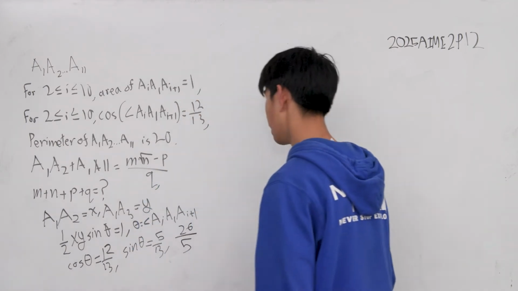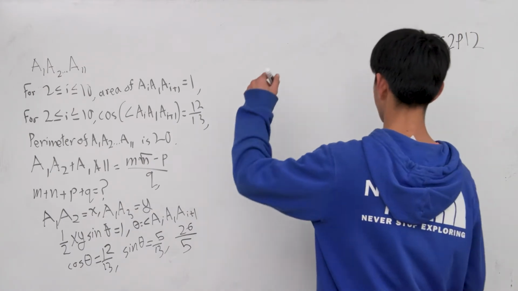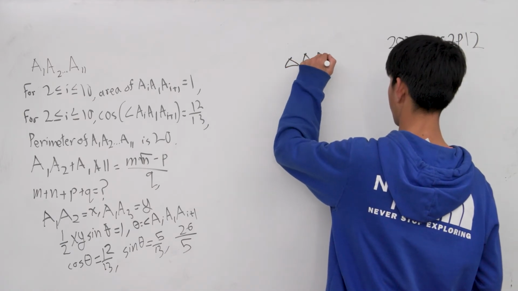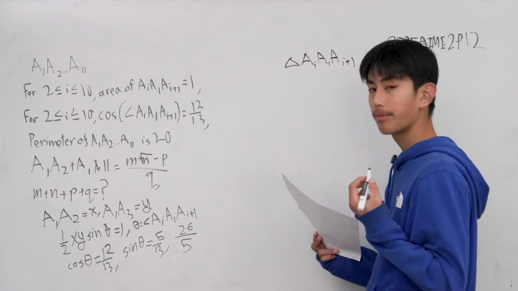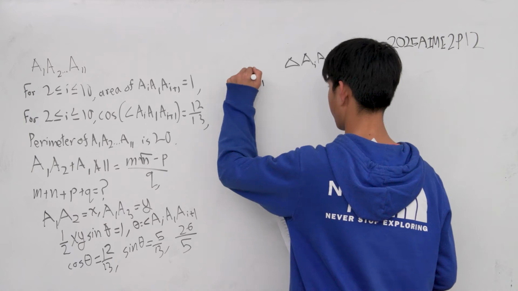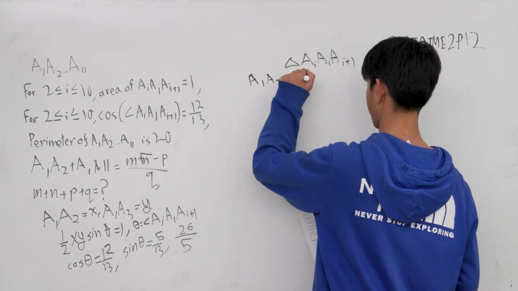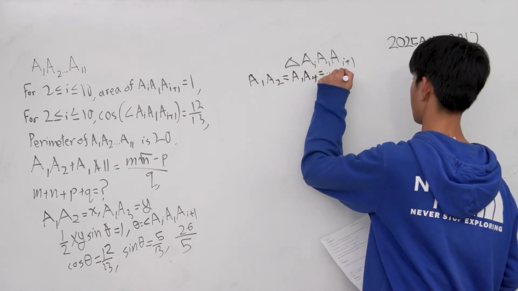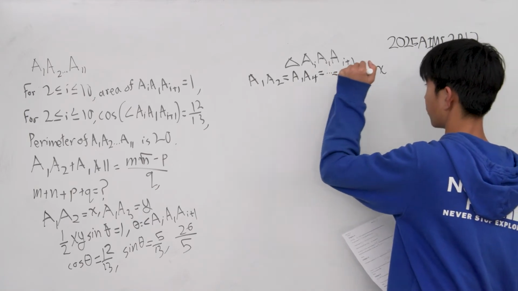This was just the first triangle, but we can repeat this process for triangle A_i, A1, A_(i+1). From this, we find that the length A1A2 is equal to A1A4, and eventually A1A10, which is x.